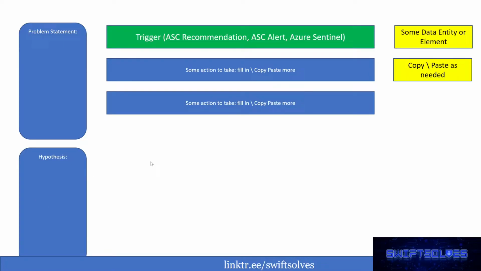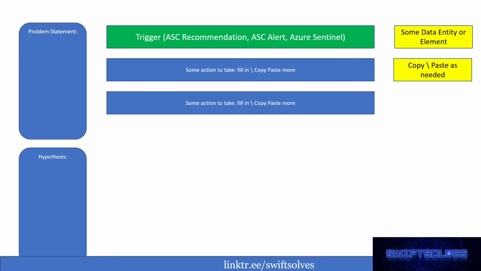Now, I've used this template here constructively as I start thinking about security automations that I want to build. And I start with a trigger. Is this going to be triggered from Azure Security Center's recommendations, or an Azure Defender alert, or maybe an Azure Security Center compliance check?